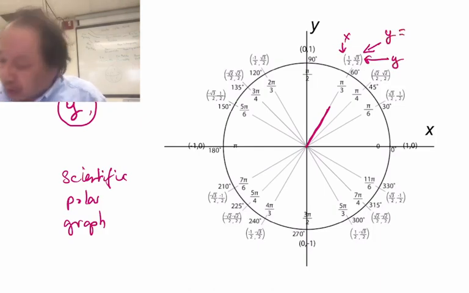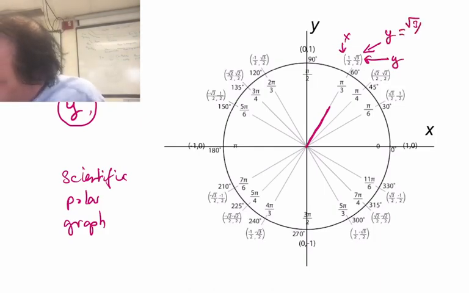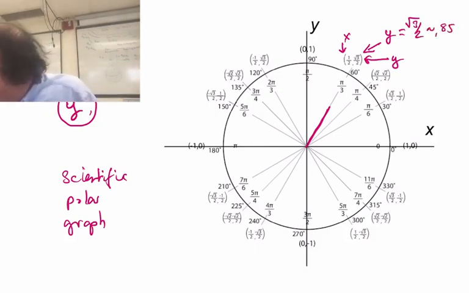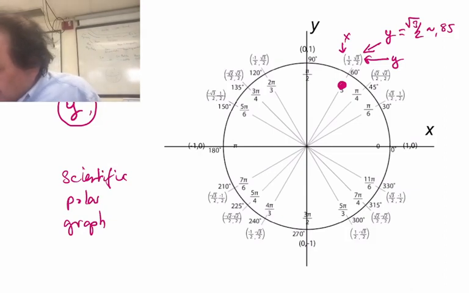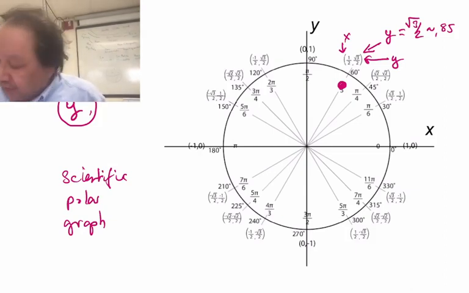Y along this direction is √3/2, and that's around 0.85. So you go along this circle a distance of 0.85. And remember, the unit circle is 1, so 0.85 is right around here. And you draw a solid circle because that's how far you've gone, and because it's a positive value.